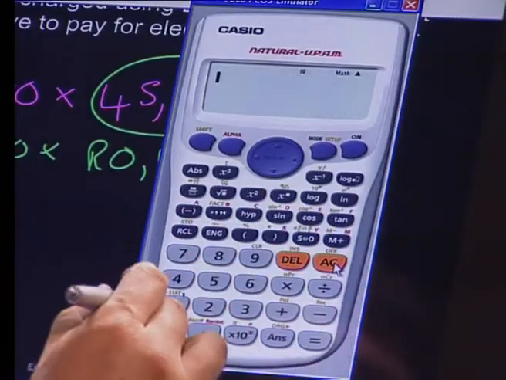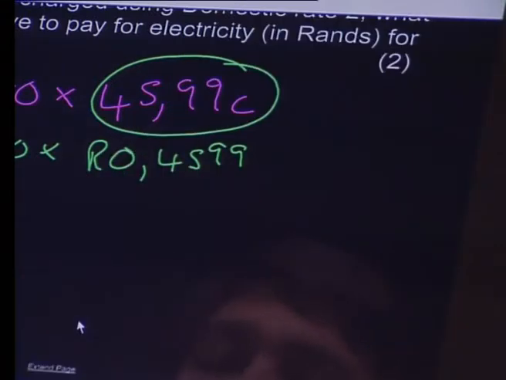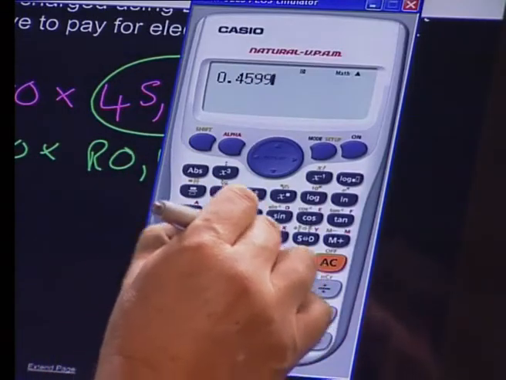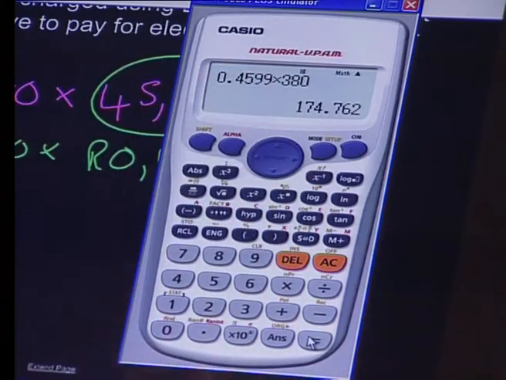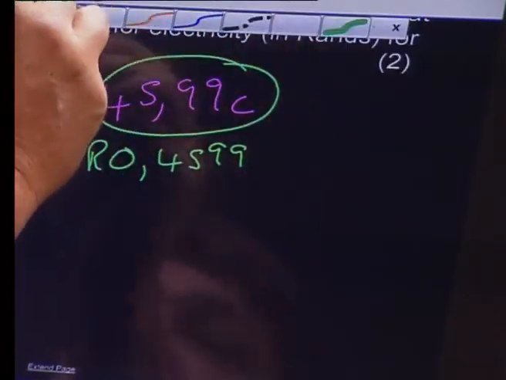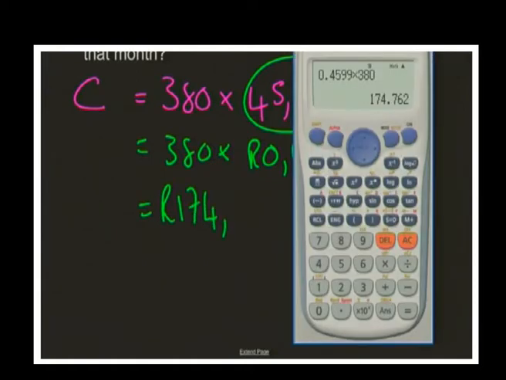Clear our calculator. 0.4599. Multiply that by 380, and we get an answer of 174 Rand 76. So 174 Rand 76, was it? Yeah, 76.